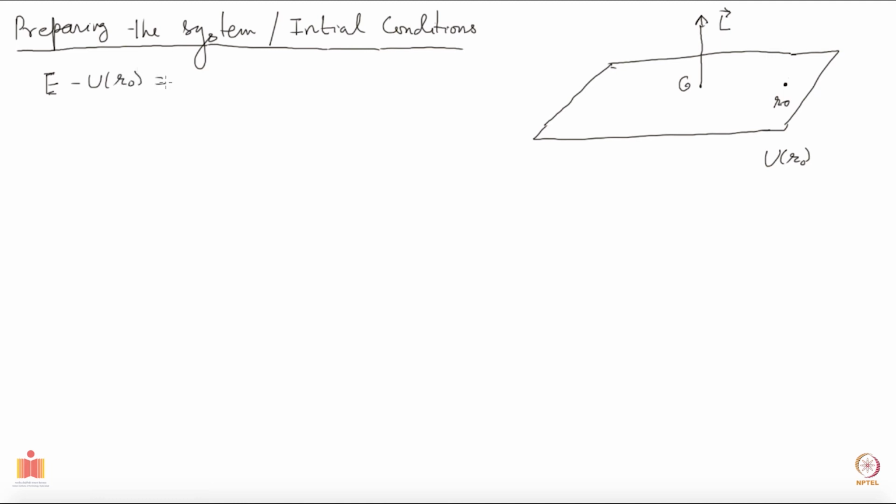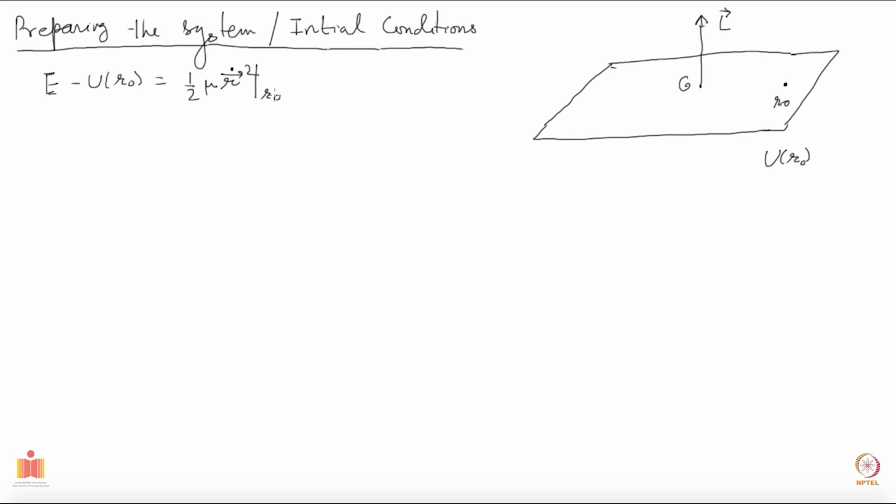Okay, and this difference gives me half mu r dot square. Okay, so pay attention, I have written a r vector, not just r dot. Okay, and this at r0.